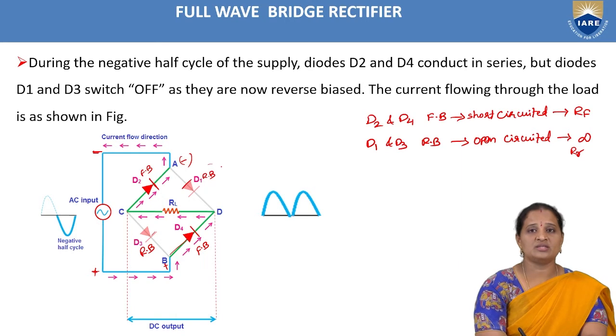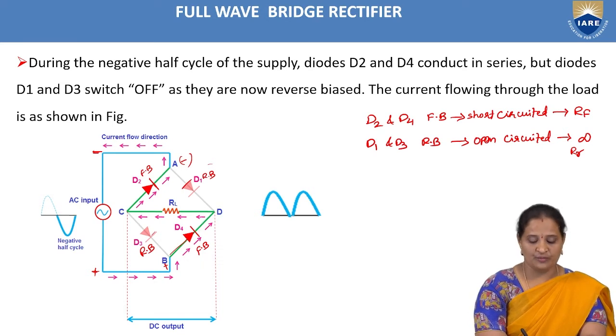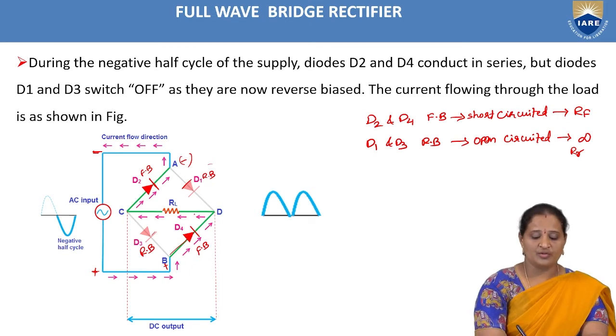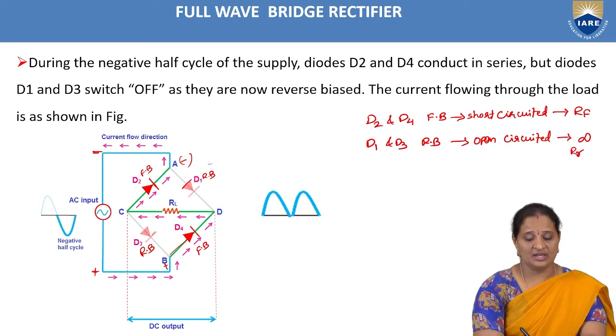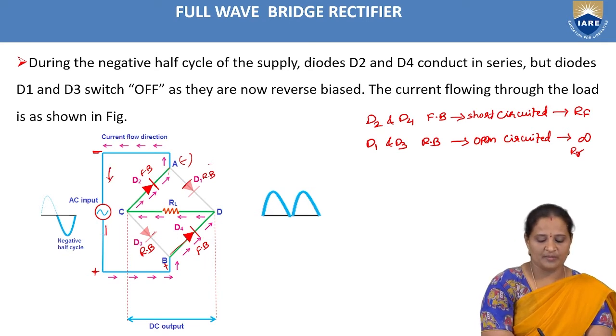Because it is also reverse biased and offers infinite resistance and hence no current can flow through this diode D1. So now there is only one path for the current to flow through the load resistor RL. So point B, through diode D4, through load resistor RL, and through diode D2 which is forward biased, to point A of the secondary winding of the transformer.